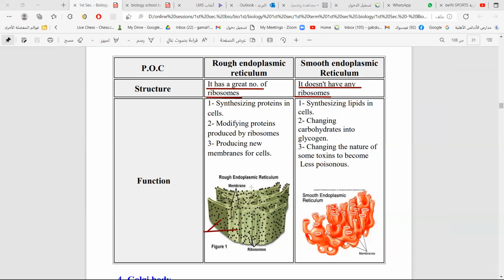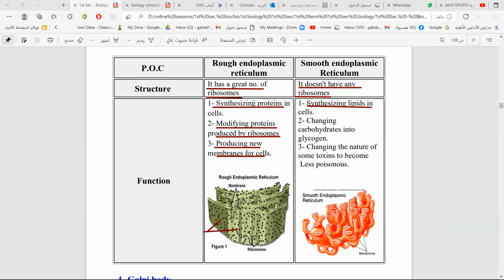The functions of the rough endoplasmic reticulum are synthesizing protein because they have ribosomes, modifying protein produced by the ribosomes, and producing new membranes in the cell. Function of the smooth endoplasmic reticulum: synthesizing of lipids.